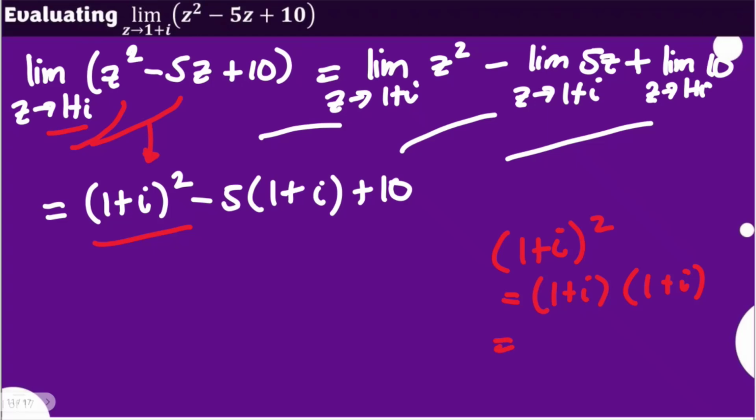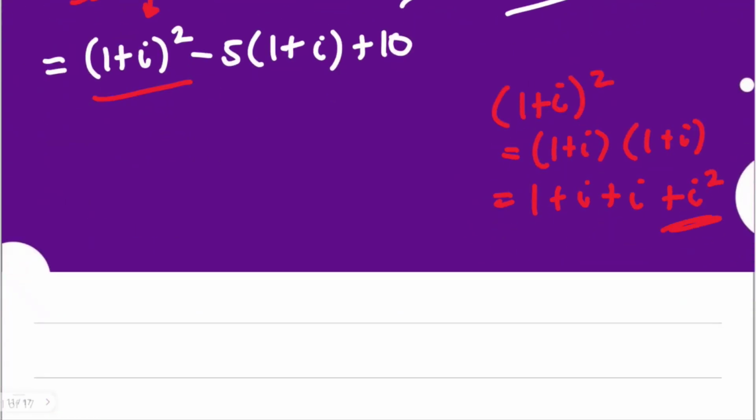You have 1 times 1, 1. Outer terms, you have your i. Inner terms, plus i. And your last terms, you have your i squared. Take note that this i squared is equal to -1 because i is the square root of -1. Okay, take note of that.